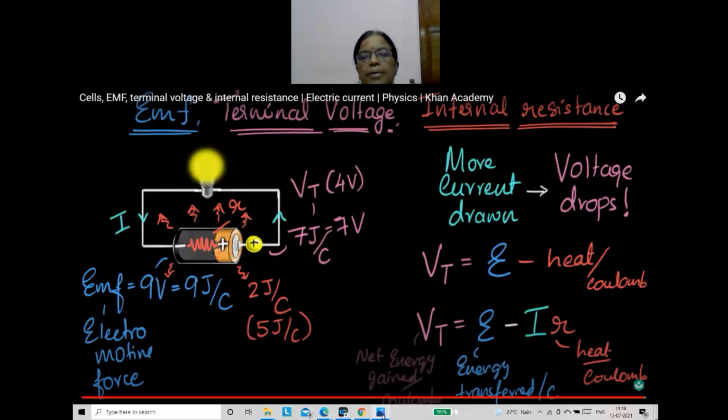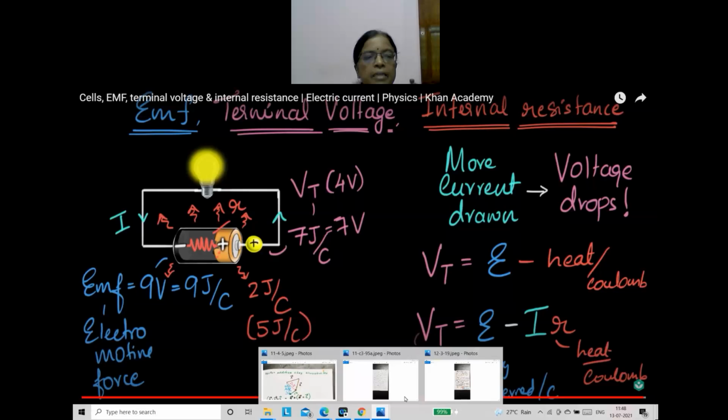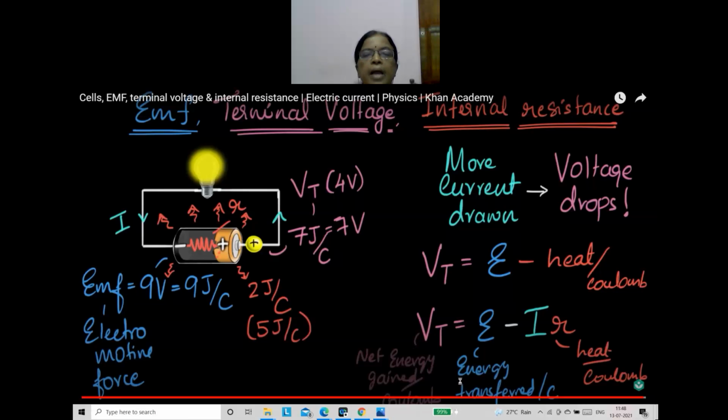What is the reason for internal resistance? This is because the electrolytes, electrodes, etc. will offer some resistance to the motion of charge through the electrolyte. So that is the reason for the internal resistance. Then what all things you have to study?